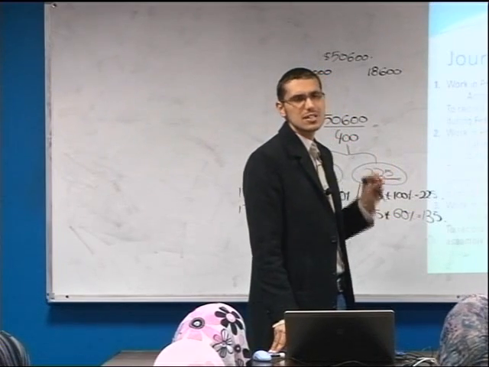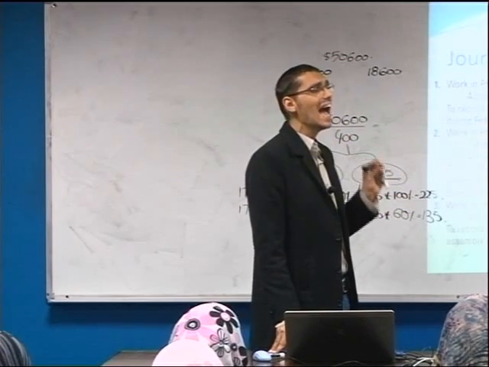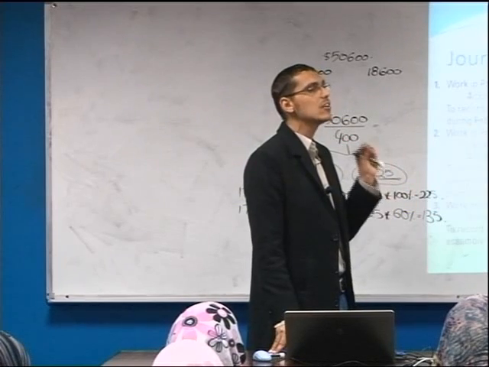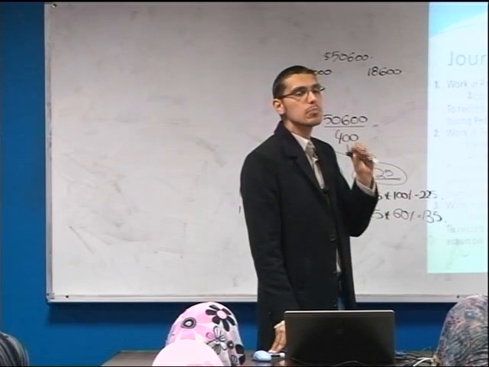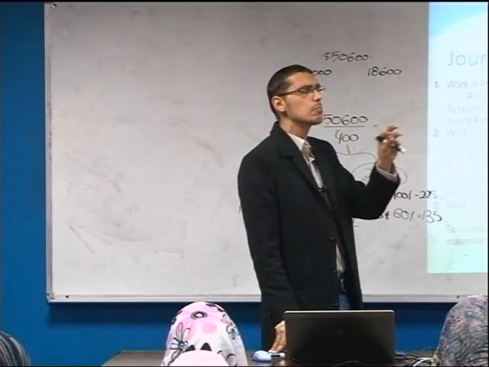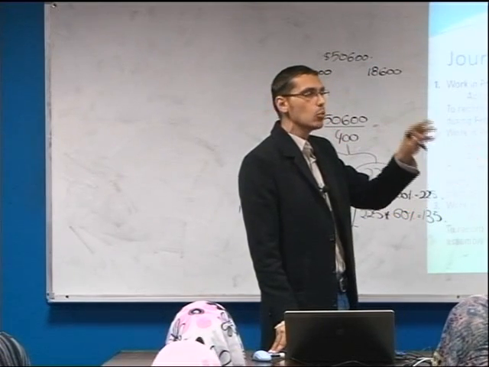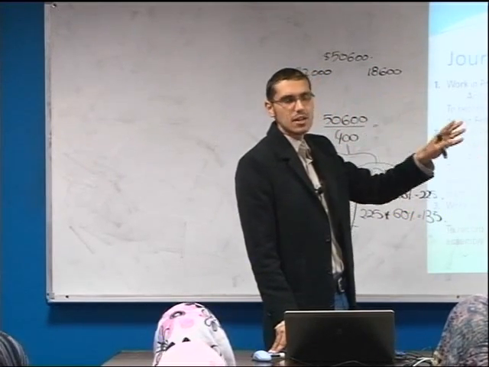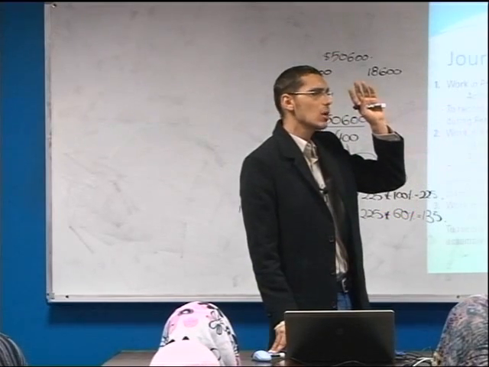The only difference is that in job costing, we had more than one work in process account. We had work in process for job number 1. We had work in process for job number 10. We had work in process for job number 100.